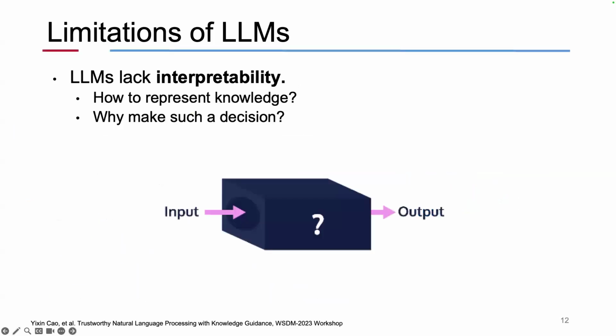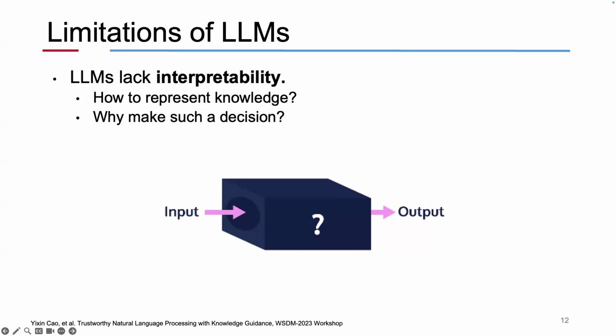Another limitation would be interpretability. We know that to ensure the trustworthiness of AI, interpretability is very important. An LLM may generate some answer for you, but how does it represent the knowledge inside itself?